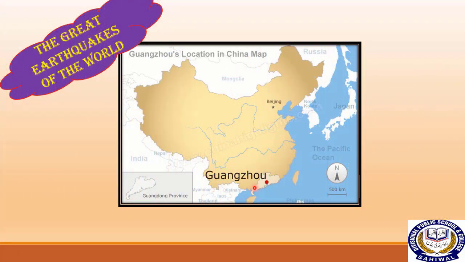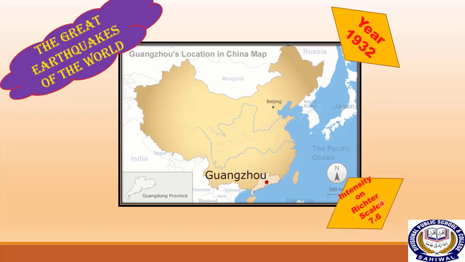Next, again Guangzhou. This city is also located in China. This city is shown on China's map. Again, in 1932, an earthquake came over here.